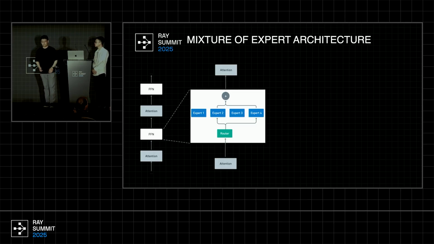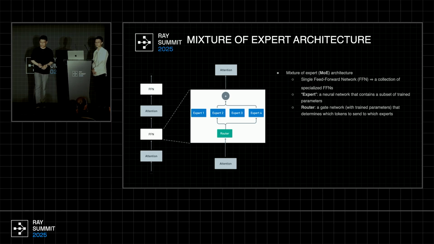So let's first look at mixture of experts architecture. We know that for a transformer layer, there is the attention layer followed by FFN layer. And for MOE, we replace this FFN layer with a set of specialized FFNs called the experts and the router. The expert is basically a neural network that contains a subset of the trained parameters.